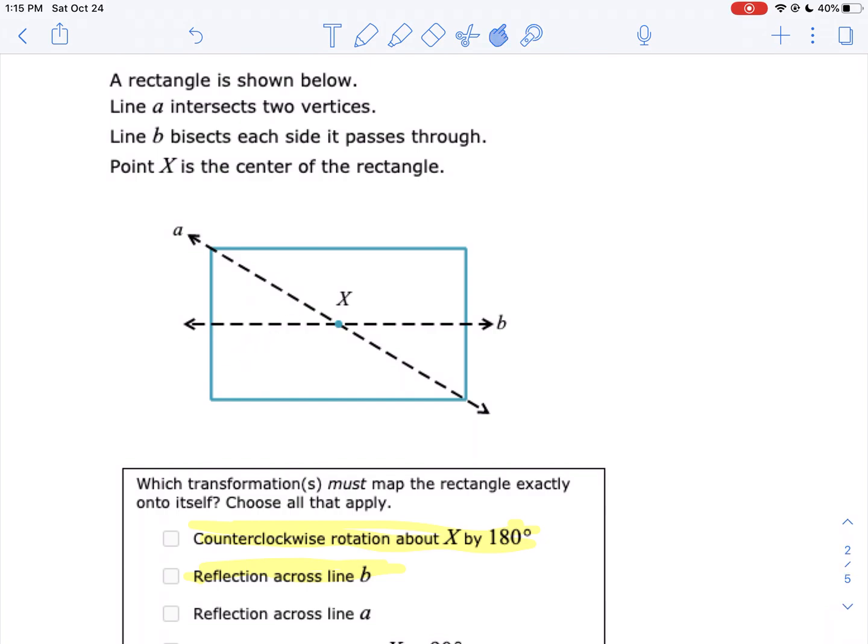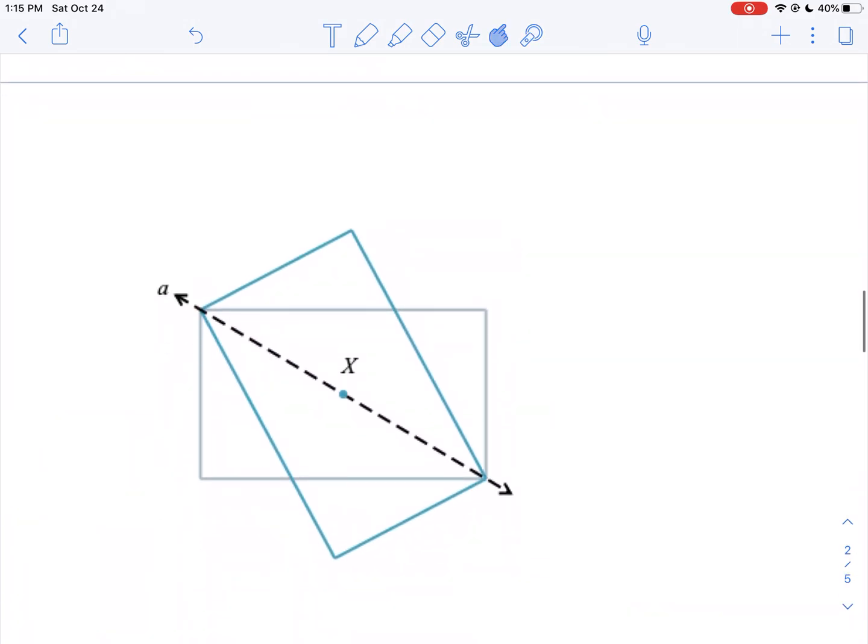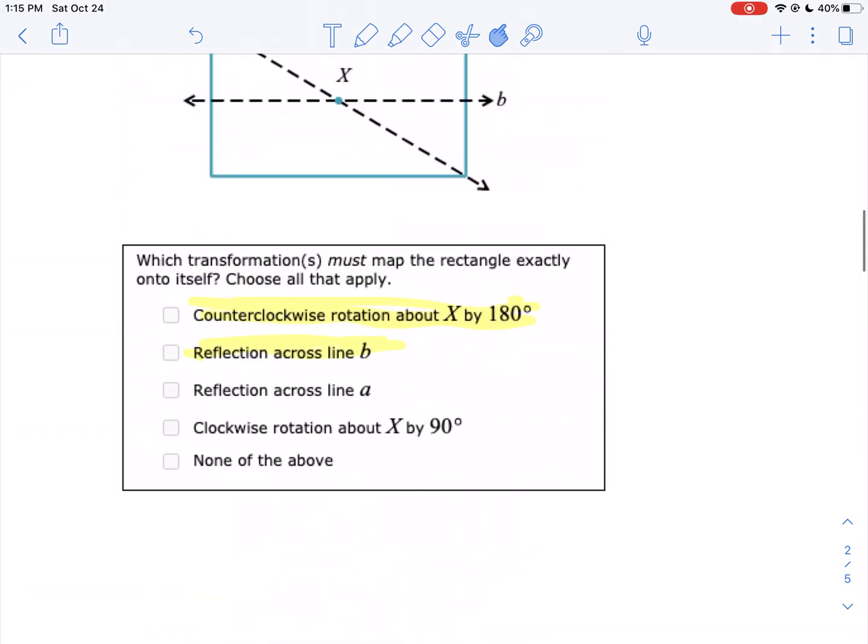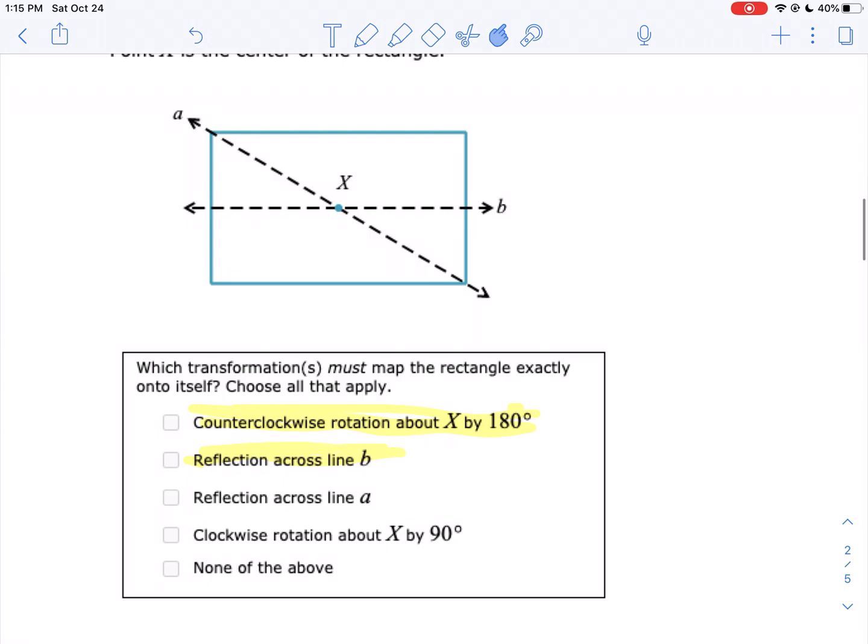In fact, here's a picture of what it looks like when I do the reflection. So it does not reflect onto itself across the diagonal. 90 degrees. Since it's not regular, if you turn it 1/4 of a turn, the rectangle will be pointing up, and that is not matching onto itself. So the only ones you should have clicked on were the first two.